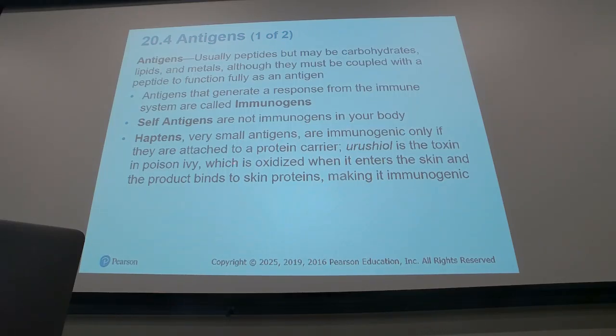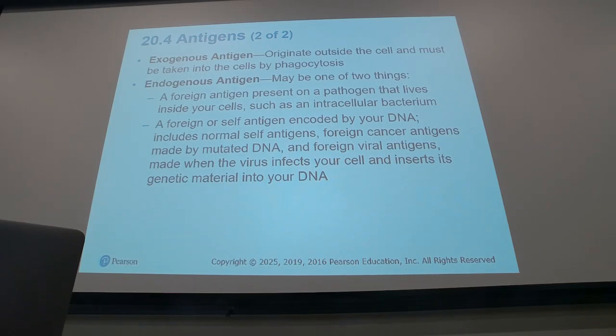This molecule is oxidized in our skin and then binds to the skin proteins, and that makes it immunogenic. So not everyone is oxidizing this molecule. In that case, they don't have that carrier, so they don't have that immunogenic reaction against poison ivy.